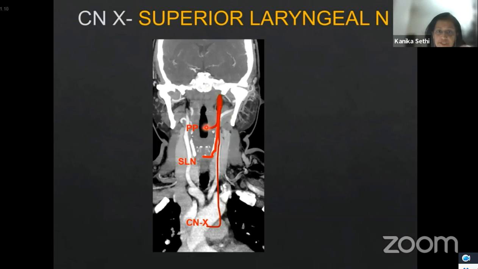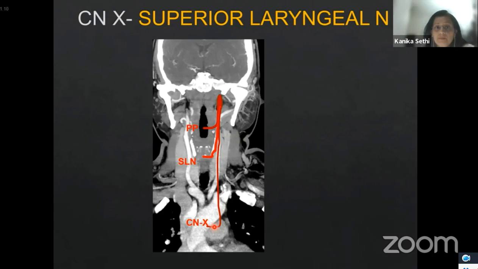It gives a pharyngeal plexus branch to the constrictors. Then it gives the superior laryngeal branch, which supplies the cricothyroid muscle. Later on, it travels down and gives the recurrent laryngeal branch, which supplies most of the larynx.